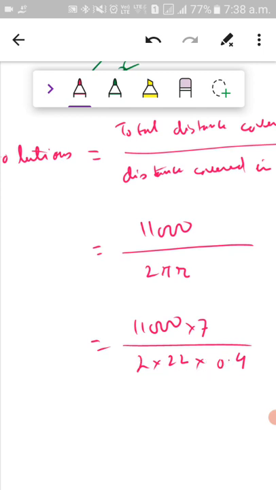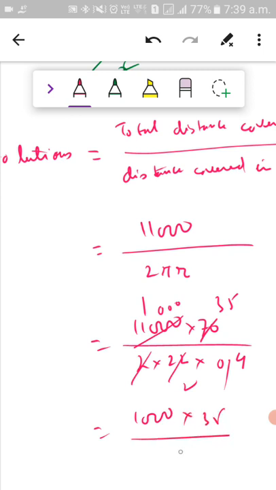Okay, so we can cancel out 11 to 22, 11 ones are 11, that is 0 0 0. Then we can remove this point, and we can increase 0 here. Okay, so this is 35, right? And then we can have more calculation, 1000 multiplied by 35 by 8, right?